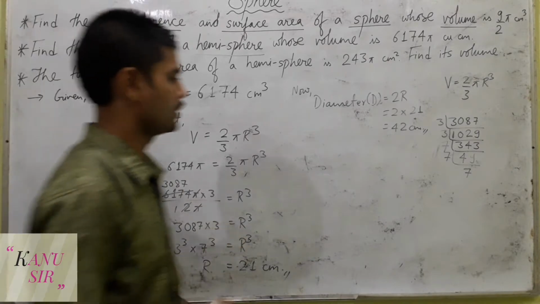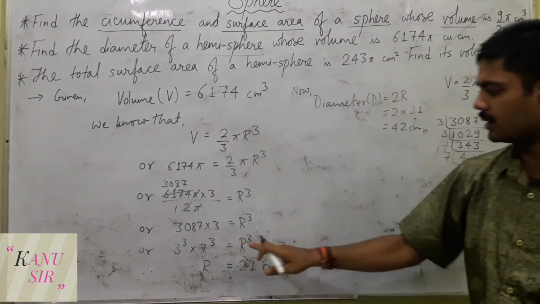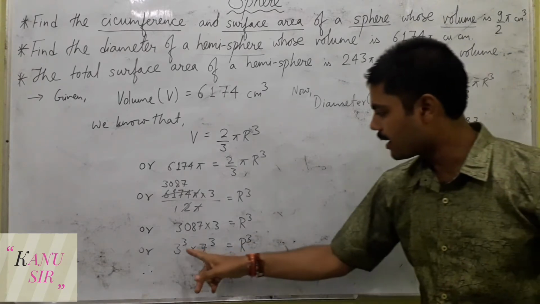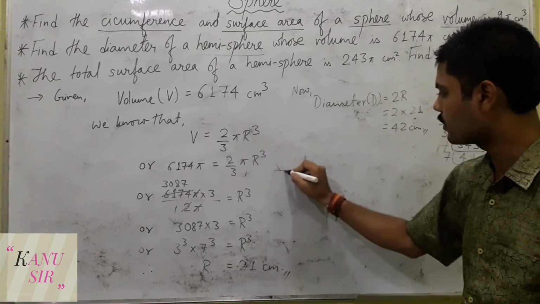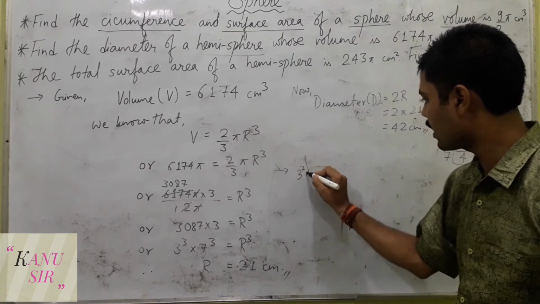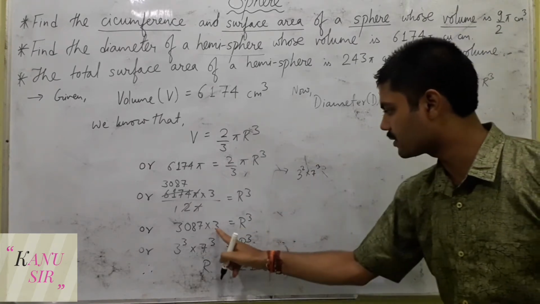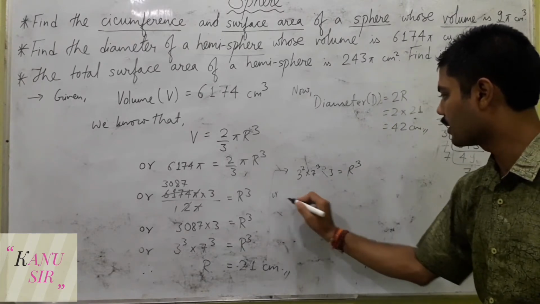Now the next question. So here you have to understand a little bit what I have done. I have done it a little faster than the normal process. Here I have taken the cube root, in one sense. Okay, I am just doing it again. Here, 3 square 7 cube from this term, and the left 3 here, equals r cube.